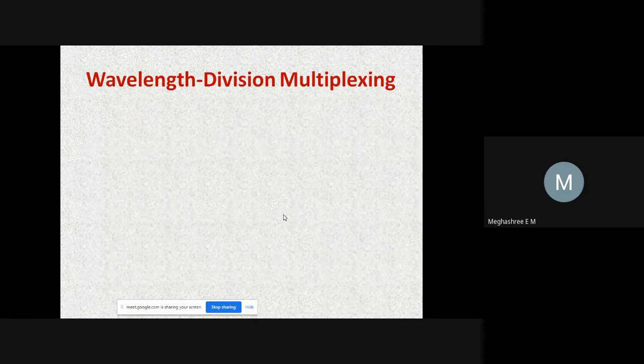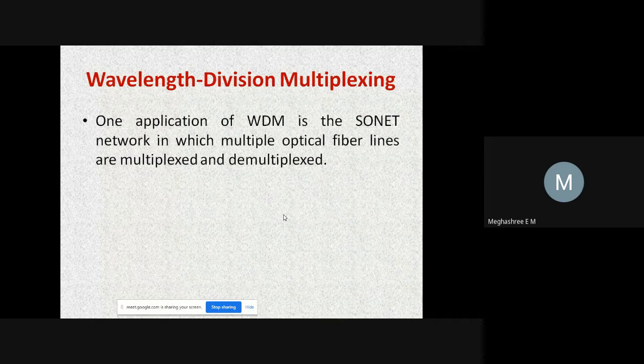Okay, so an application of wavelength division multiplexing is the SONET network, where multiple optical fiber lines are multiplexed and demultiplexed. So just remember that the application of this particular method is the SONET network. Again here multiplexing and demultiplexing is used.